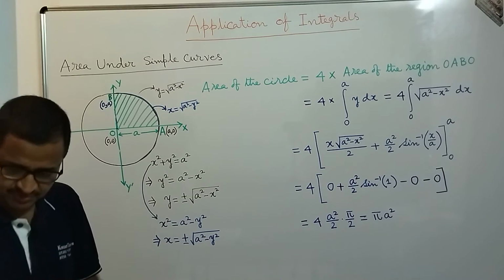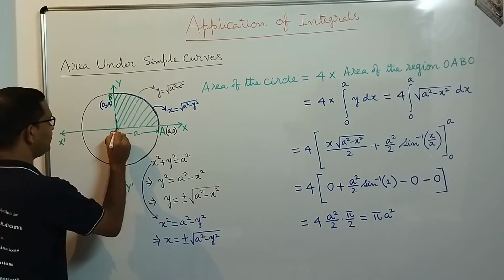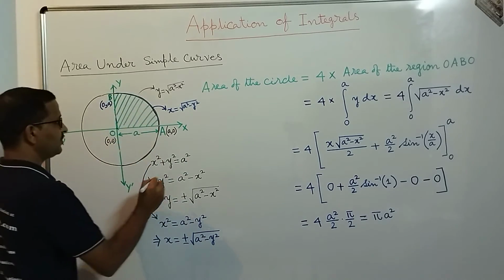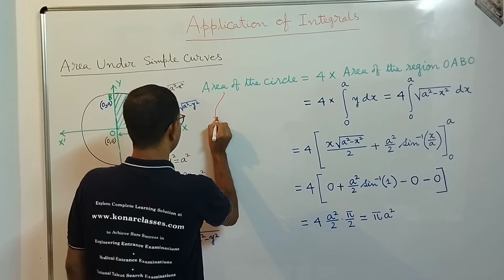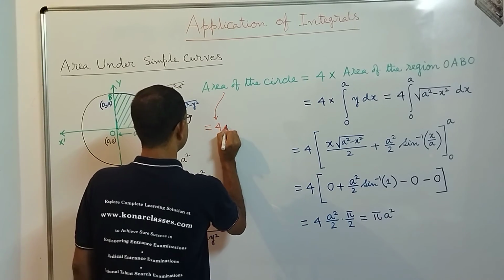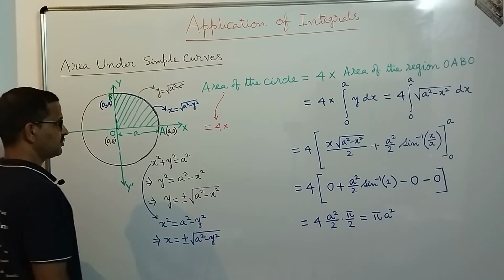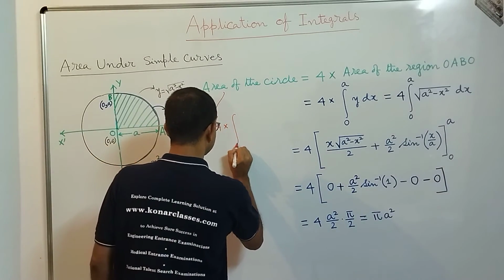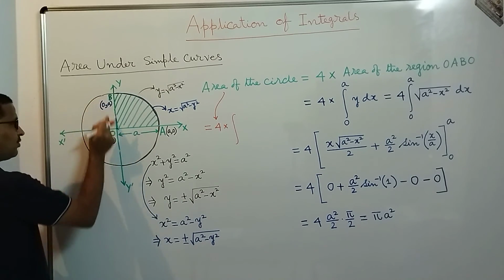Area of this region, let me use a different color. So area of this region, we can again write area of this region OABO. Area of the circle we can consider, that is equal to 4 times the area of the region OABO. So what it will be? It will be integration of x dy on the y axis. So what is y varying from?